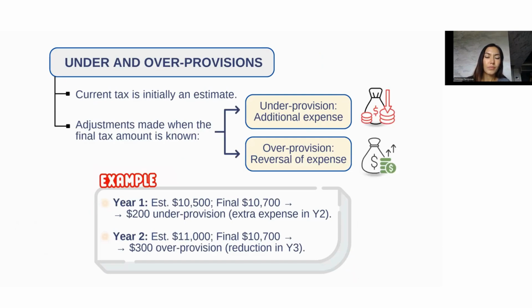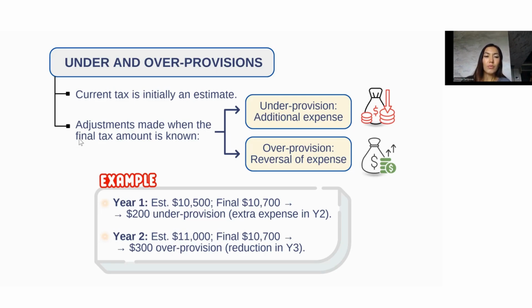All right. What is under and over provision? So what you do first, let's say when you are just closing your financial statements at 31st of December, you calculate your current tax as an estimate. So current tax is initially an estimate, right? You calculate some amounts and make an estimate of current tax.